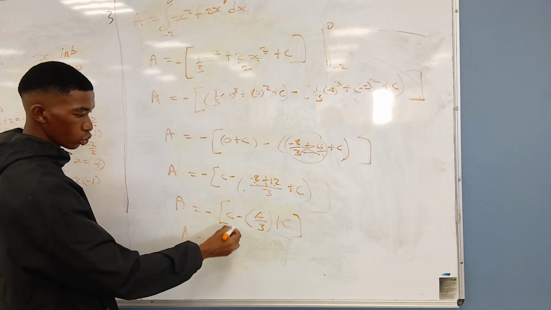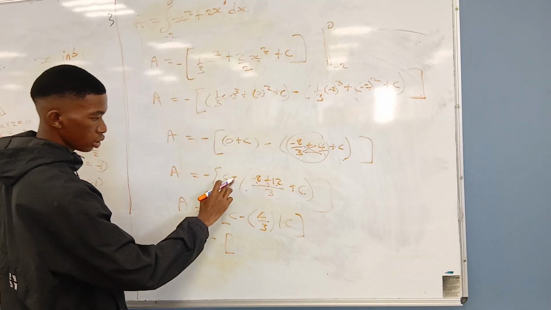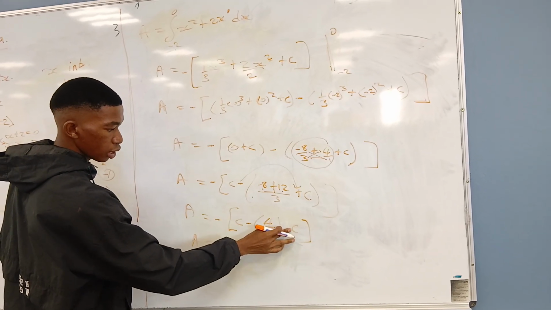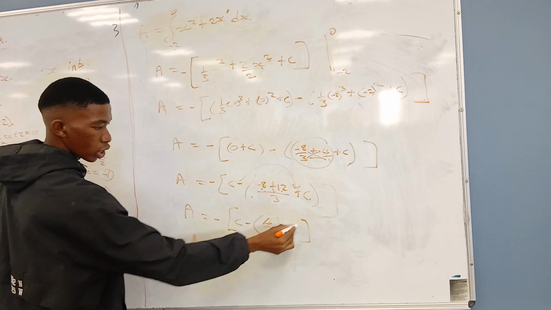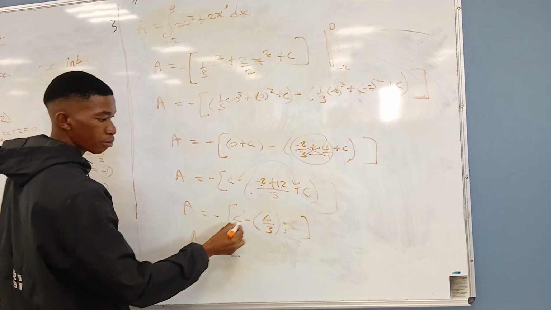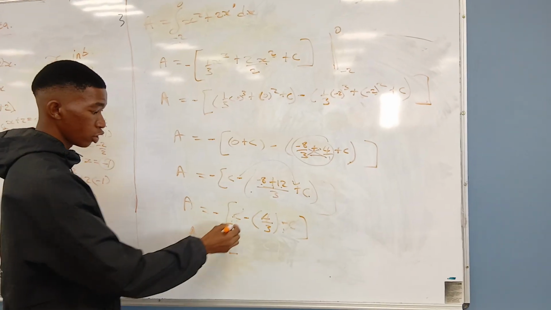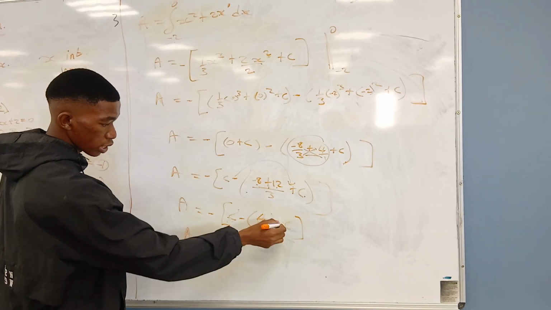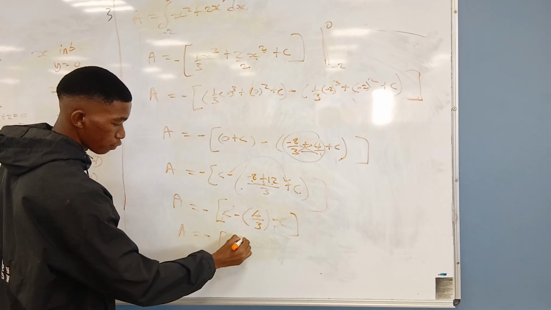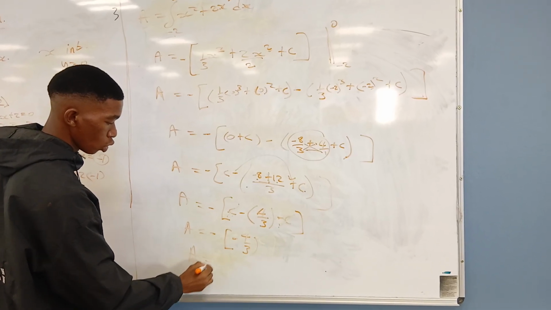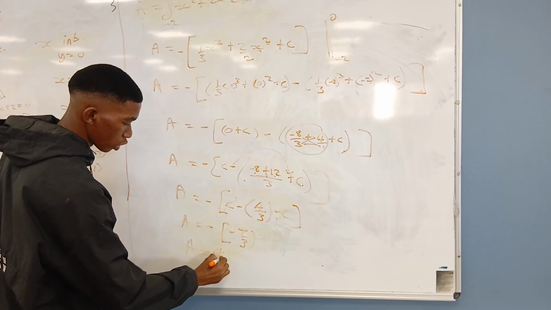And then here, it's not plus c, this negative multiplied by this positive is going to give you negative, meaning here our c is negative. Then you cancel the c, because the sum of the positive and the very same negative value is going to give you 0. So here you cancel them out, and we're going to have -4 all over 3, close bracket. Our area will then be equals to +4 all over 3.